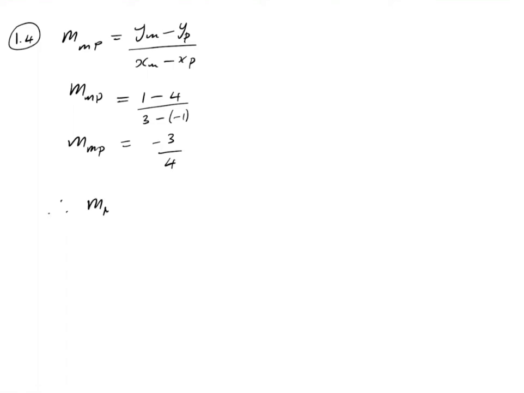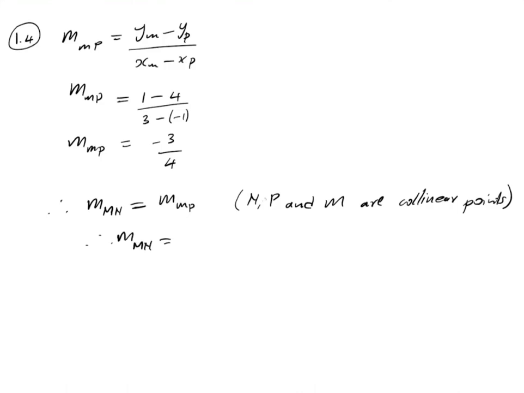Therefore, the gradient of MN is equal to the gradient of MP. The reason for this is that N, P, and M are collinear points, as I've already explained. So therefore, MN is equal to negative 3 over 4.